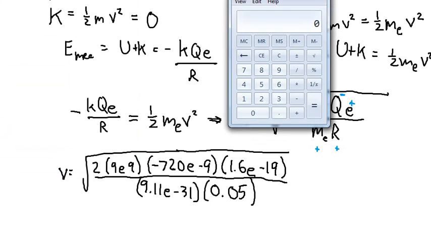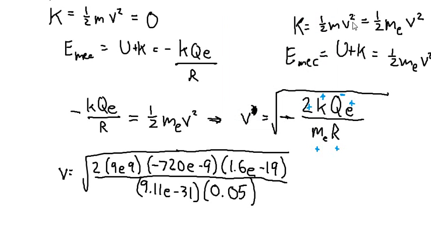So negative 720 nanocoulombs, and nano is times 10 to the negative 9, so I'm just going to make this negative 720 E minus 9. And the charge on an electron is 1.6. Oh, I'm sorry, not the charge on an electron, this is the elementary charge. And it's important because of sign considerations. 1.6 E minus 19. So that is our numerator there. And then our denominator is the mass of an electron, which is 9.11 E minus 31.